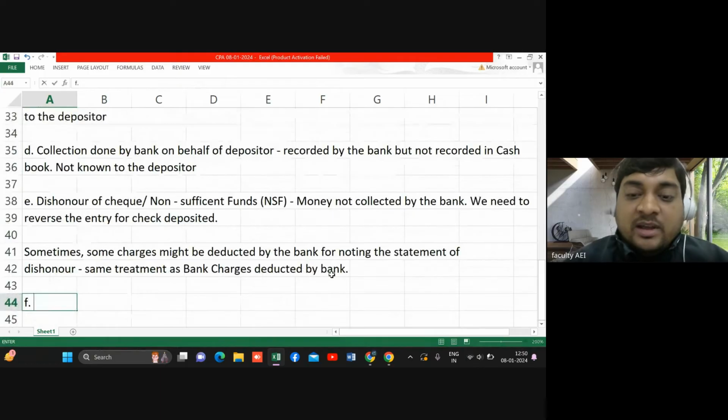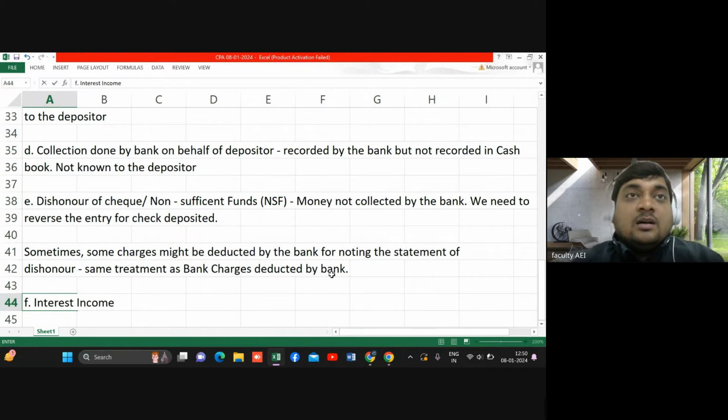Now there are a few more points, like interest income. Except current account balance, if you have some demand deposits with the bank, the bank provides interest on that in saving, right? And RD, FD, but the bank does not provide any interest income on current account balance.